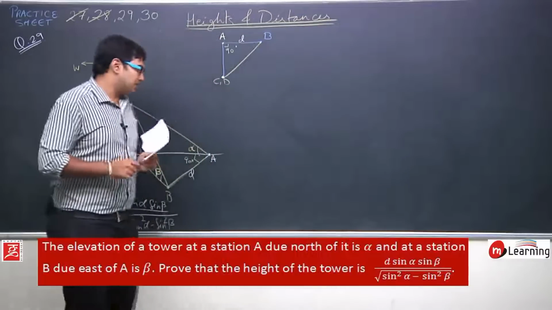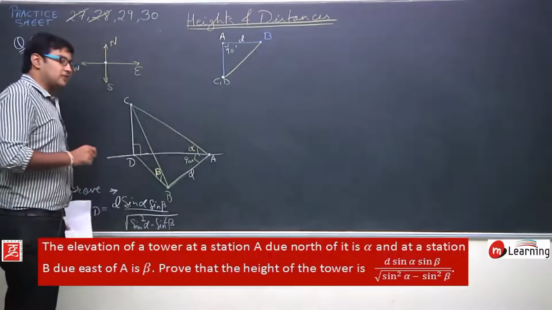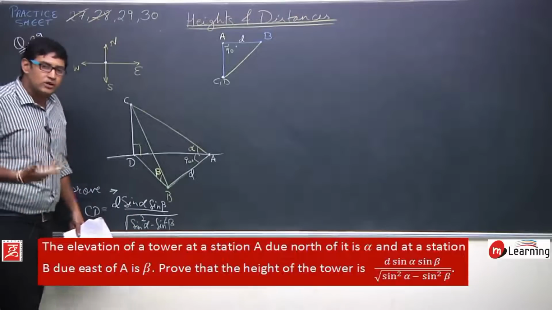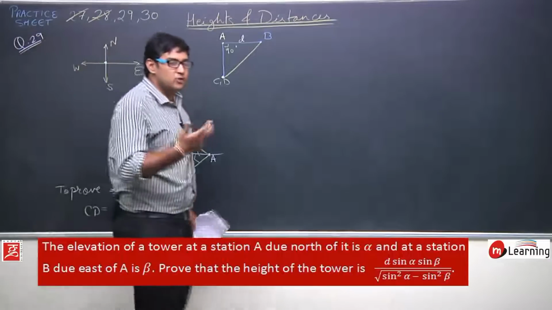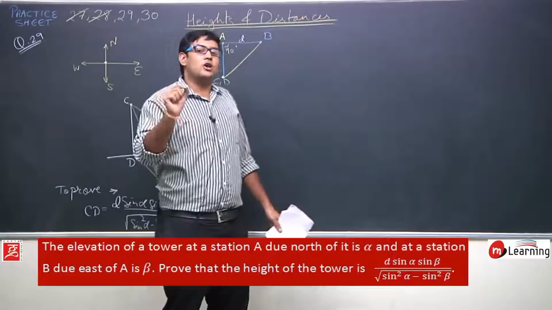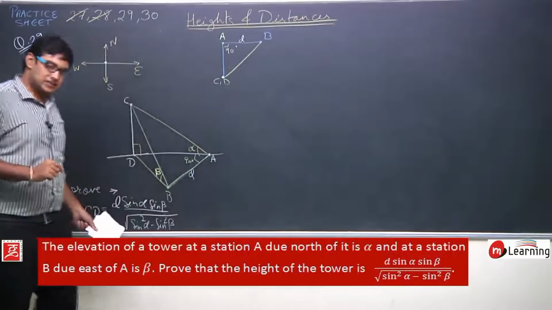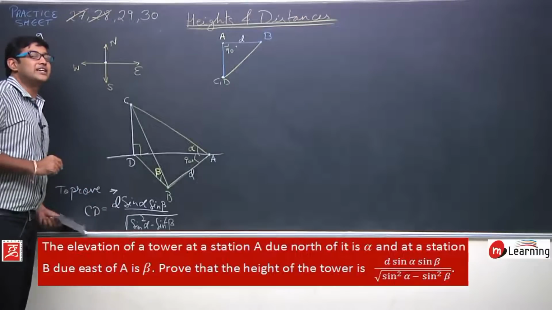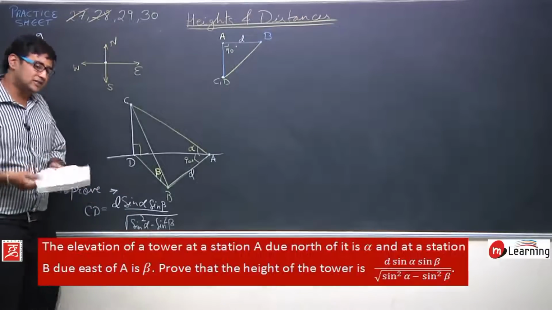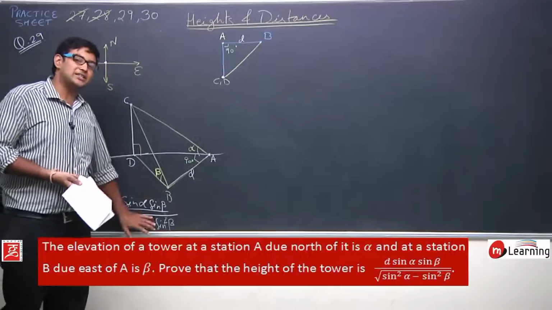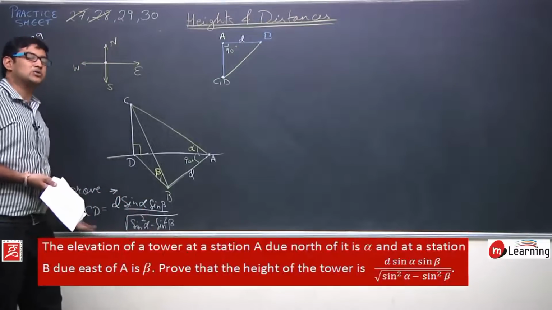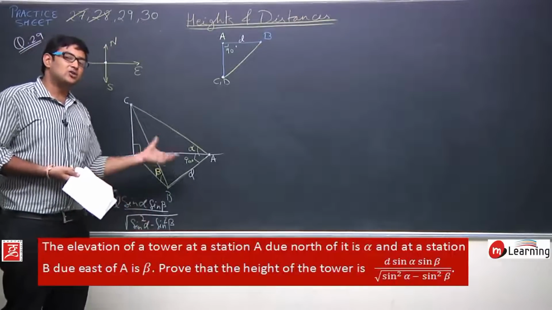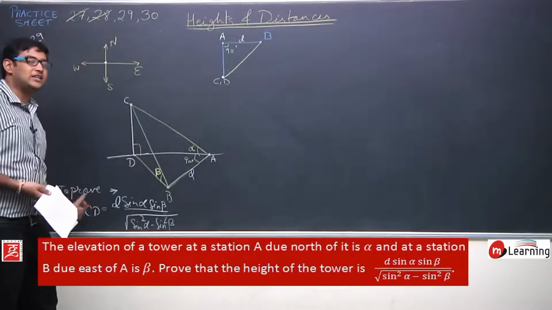So now our task is to prove the height of this tower as equal to some big value. So what should be our approach? Our approach will be to solve the RHS of this condition and make it equal to CD. I will prove that while solving this RHS you will get finally CD.